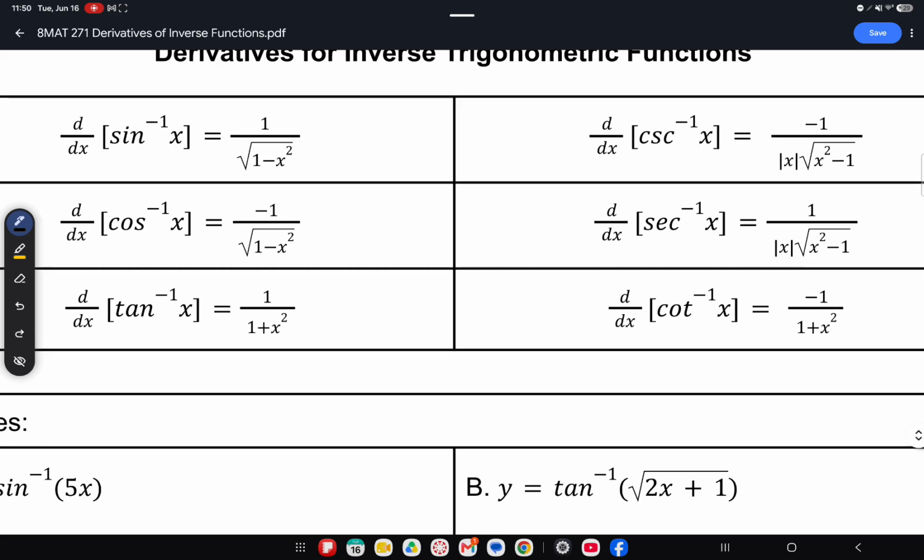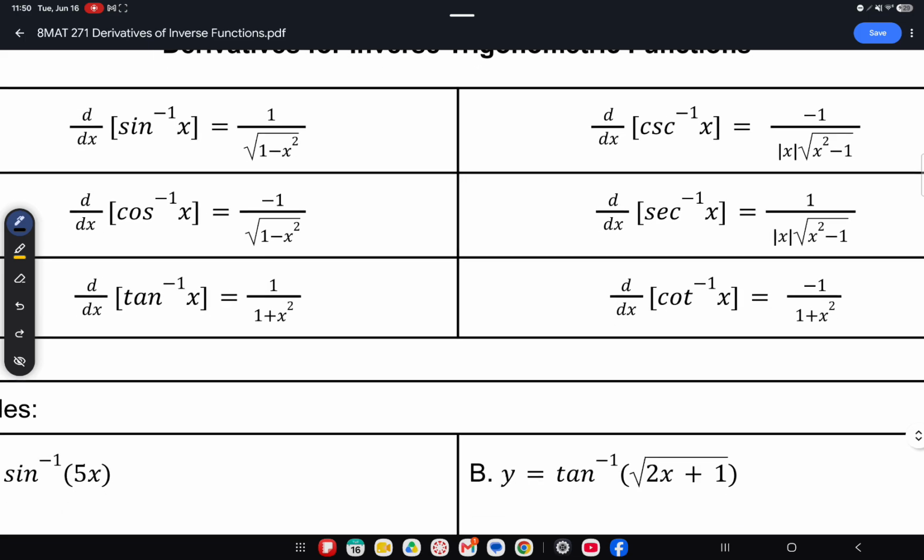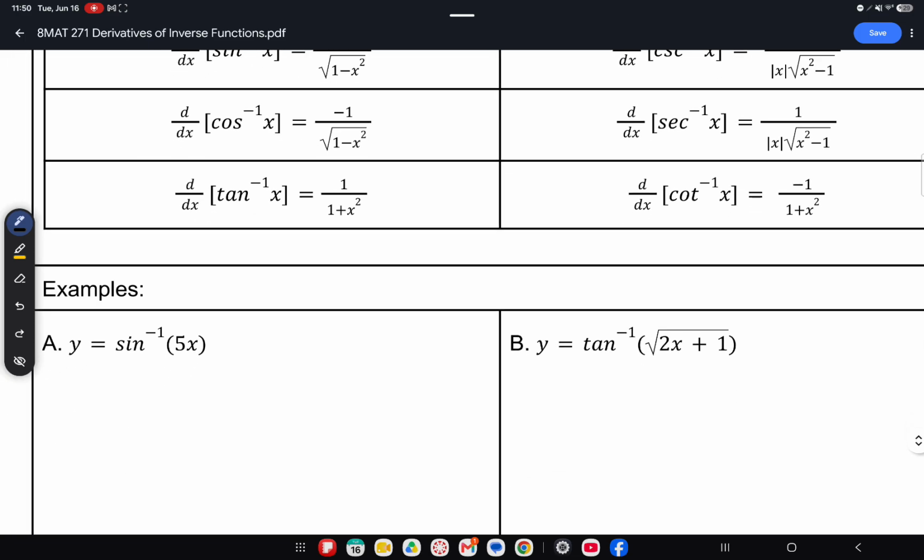I won't read them all to you. So let's just run through some examples using it. It's the best way to go through them. And once we do implicit differentiation, I think we could prove some of these derivatives with triangles. I think that would be fun.